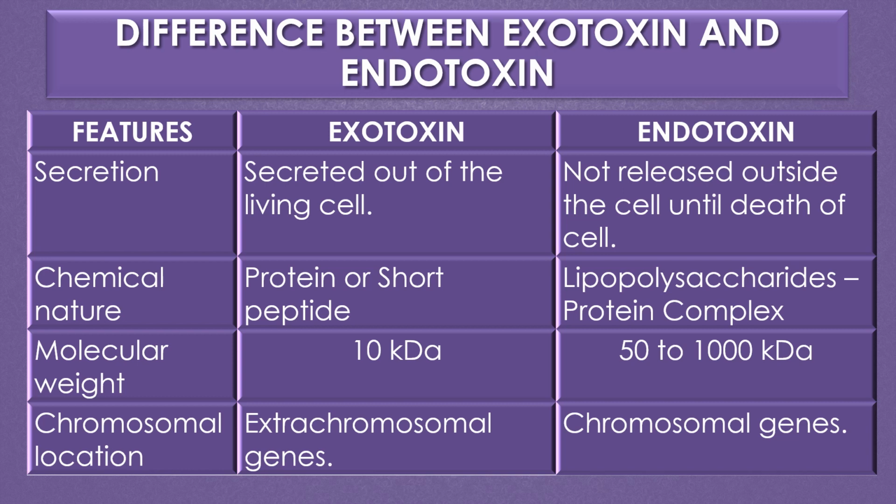The molecular weight of the exotoxin is 10 kilodaltons and the molecular weight of the endotoxin is 50 to 1000 kilodaltons. The chromosomal location of the exotoxin is extrachromosomal genes or plasmids, and the chromosomal location of the endotoxin is chromosomal genes.